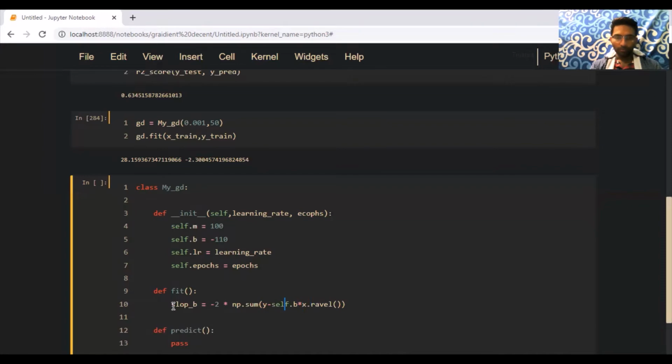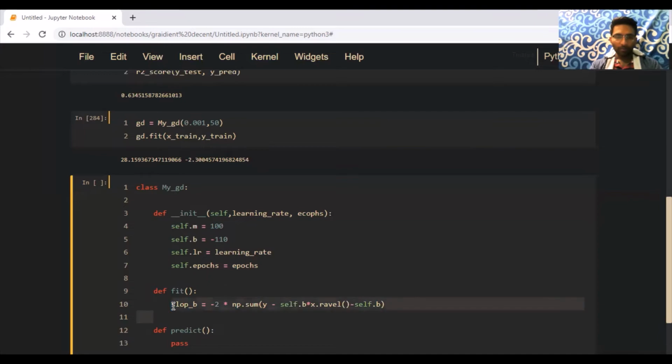This is the use of this. So y minus self dot m into x, then minus self dot b. Okay, so this is done for calculating the slope of b.